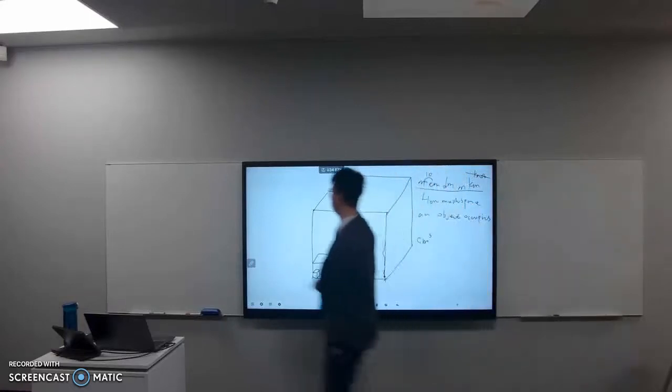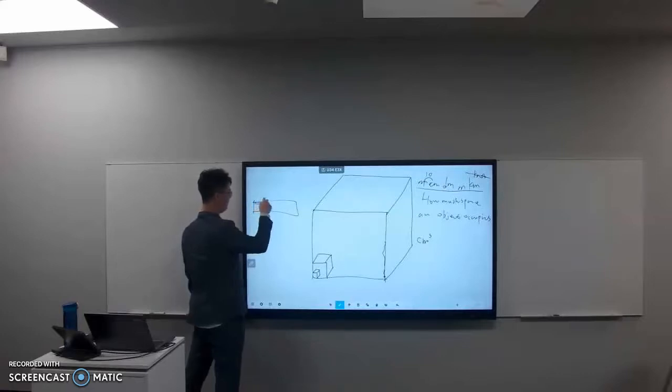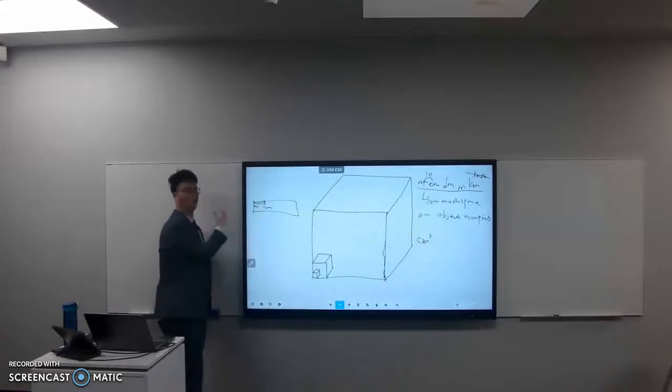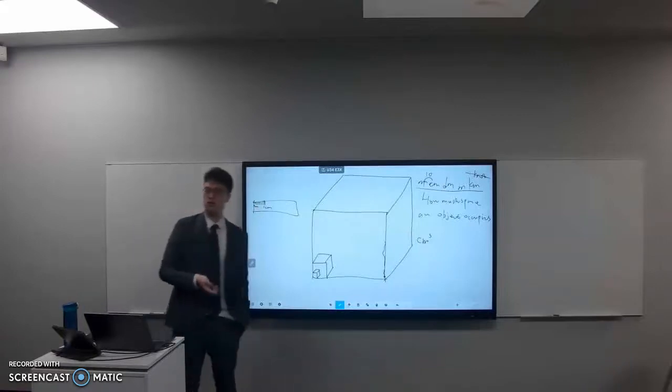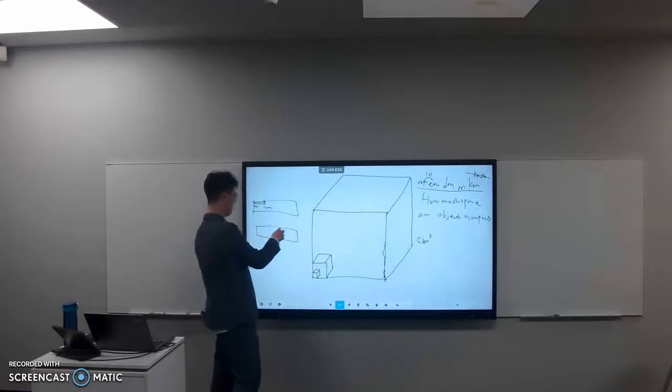If we have a ruler here, and that's 1 centimeter, it has 1, 2, 3, 4, 5, 6, 7, 8, 9, 10 marks, and one of them is 1 millimeter. This is the conversion, you see? Then if I have another ruler that's a decimeter, it has 10 centimeters.